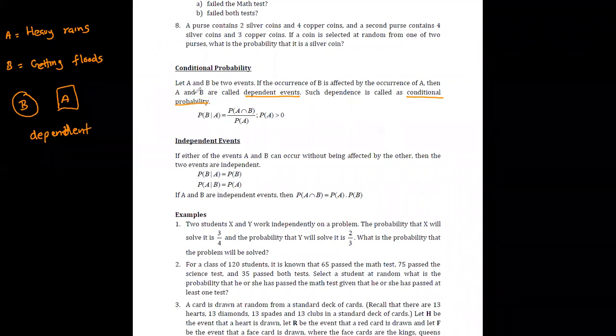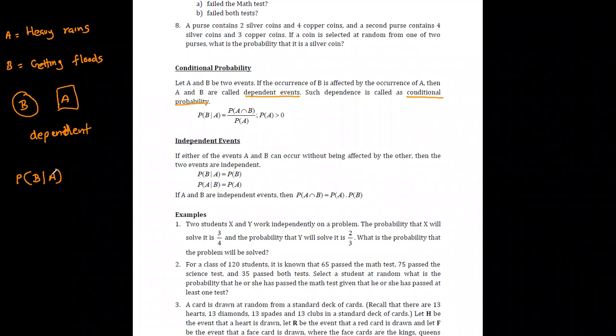For the calculation of the conditional probability, you can use this equation. We pronounce this as probability of B given A. Here A is the given event.